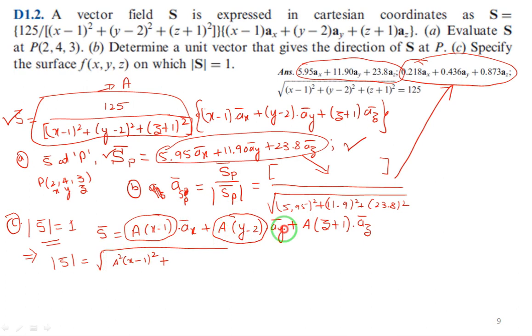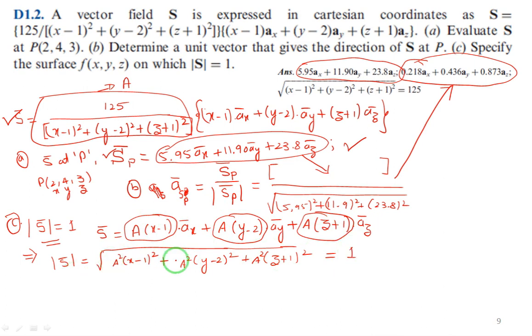A into y minus 2 is a scalar component. A into z plus 1 is a scalar. Take the squares of all these things. So a square into y minus 2 whole square plus a square into z plus 1 whole square, and equate it to 1, because they have given that the magnitude of s vector is equal to 1, right?